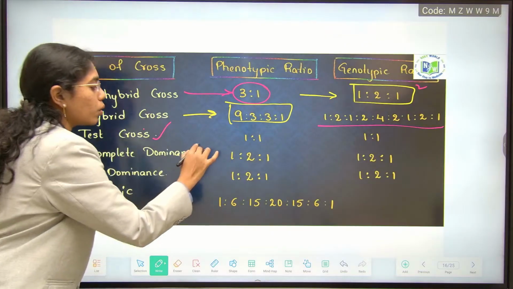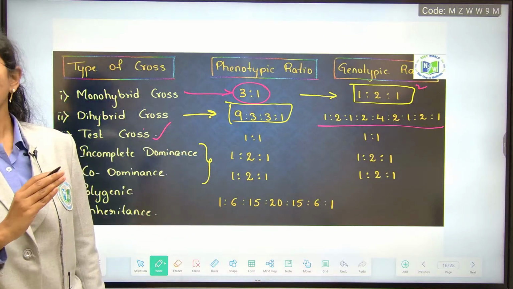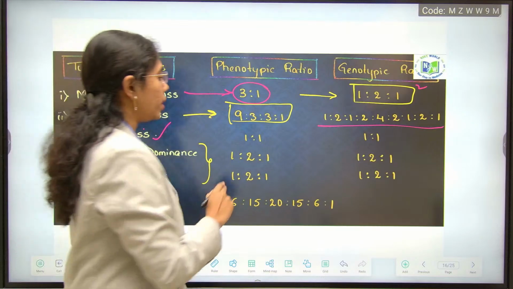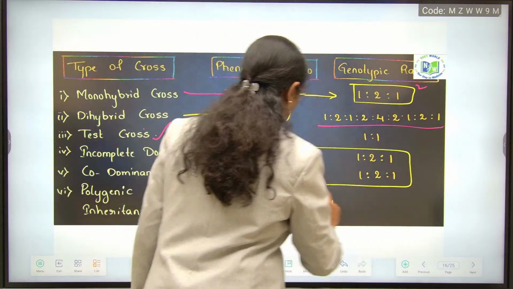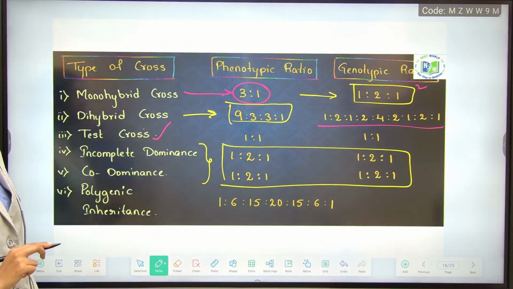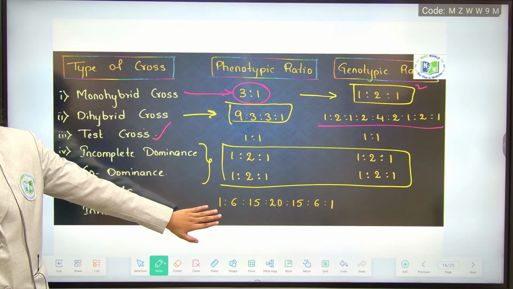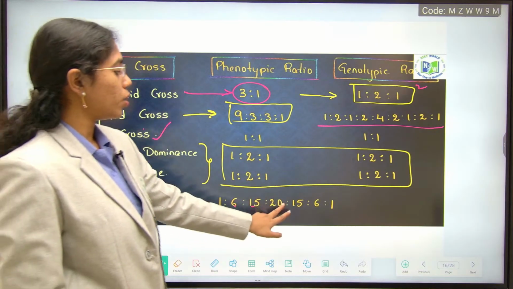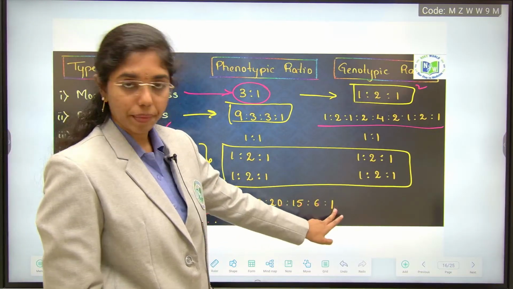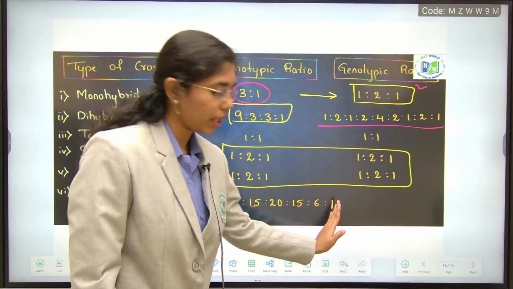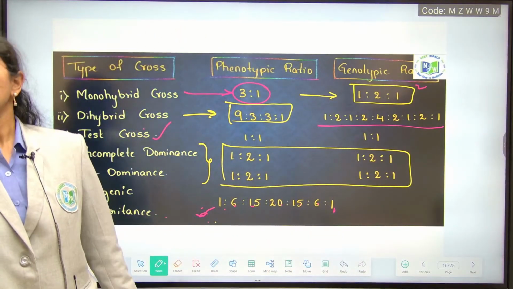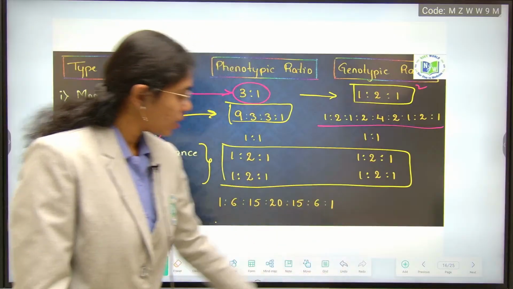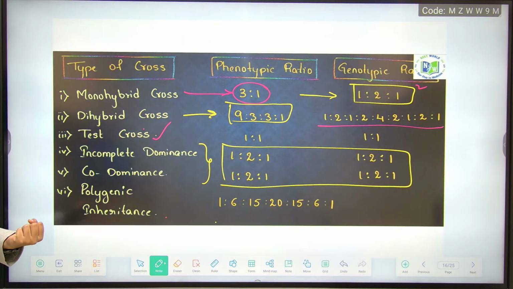For incomplete dominance and codominance, both genotypic ratio and phenotypic ratio will be 1:2:1 only. And polygenic inheritance, which we have just learned, will show a bell-shaped graph of 1:6:15:20:15:6:1. This will be repeated with the reduction in the dominant allele number. So clear, right? Any doubts anywhere? If you want, you can take a screenshot of this, which is very important.